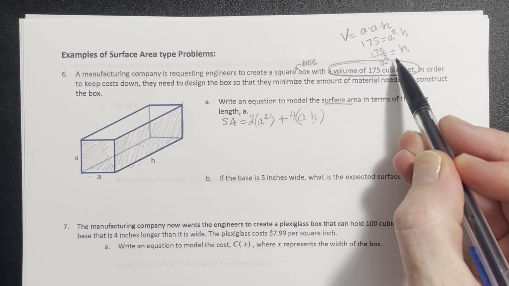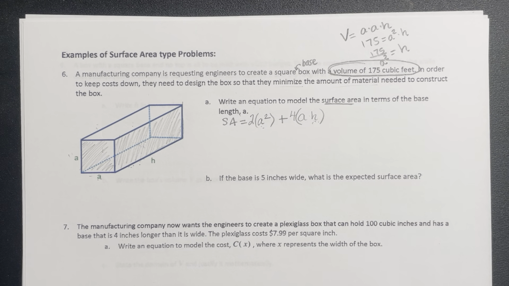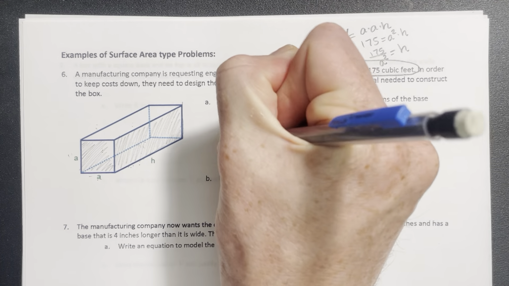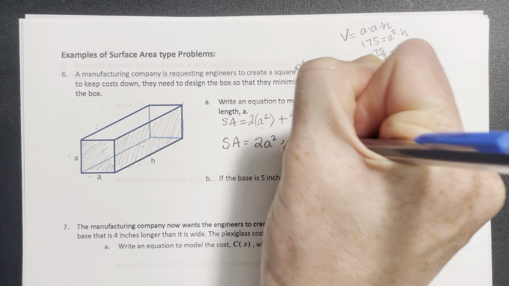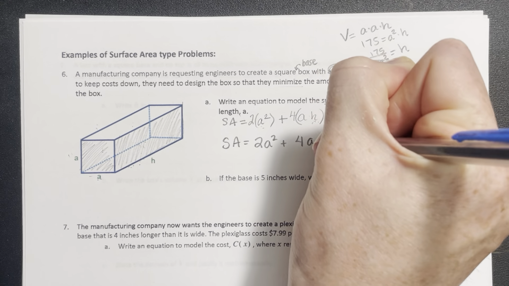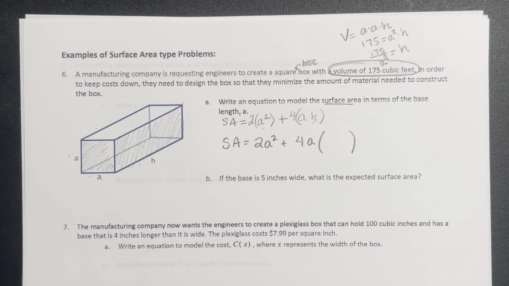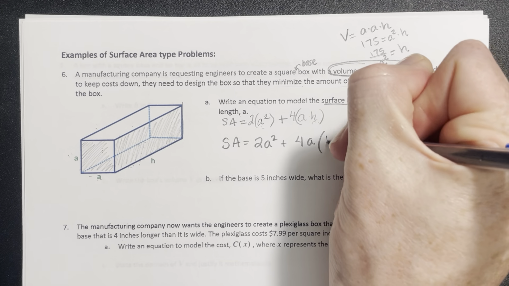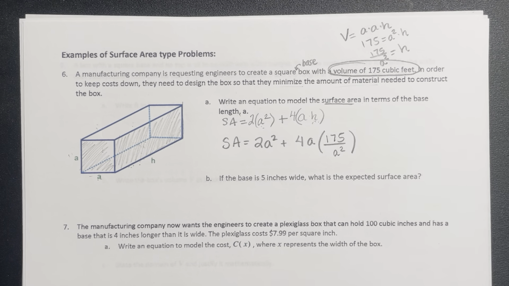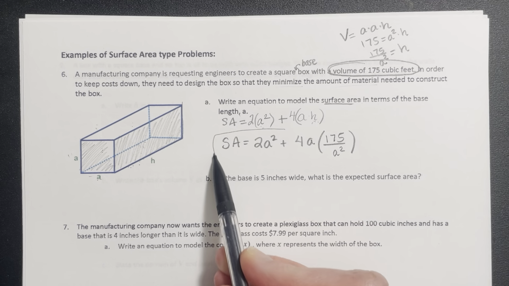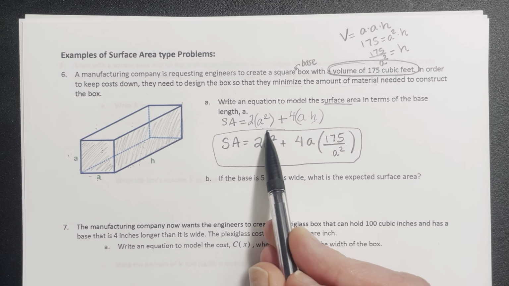That is something that I can use to substitute in for h. So the surface area is 2a squared plus 4ah, and instead of h, we're writing 175 over a squared. Now that function could be simplified more, but I'm going to leave it the way it is right now.